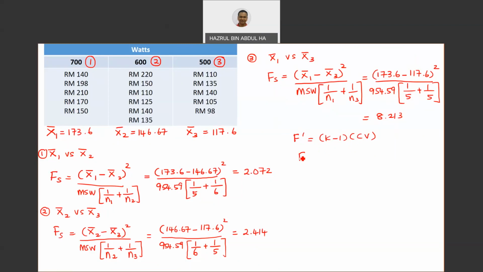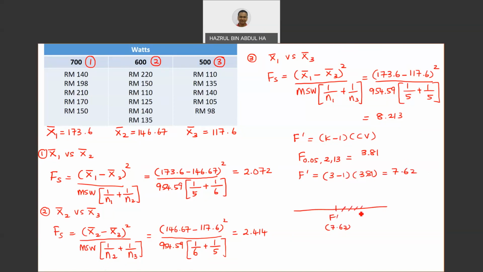So F 0.05, with degrees of freedom 2 for the numerator and 13 for the denominator, is equal to 3.81, meaning that F prime will be 3 minus 1 multiplied by 3.81. So this is equal to 7.62.